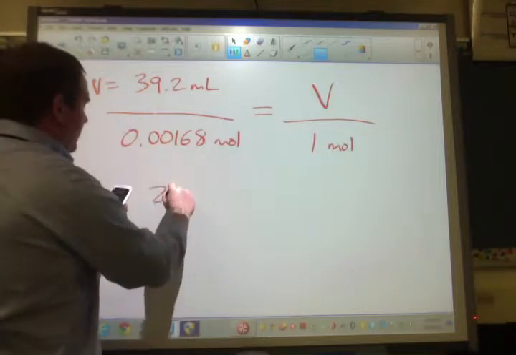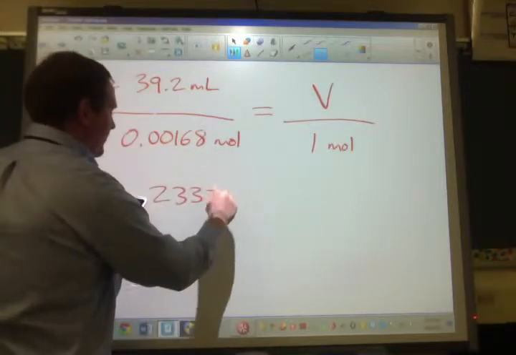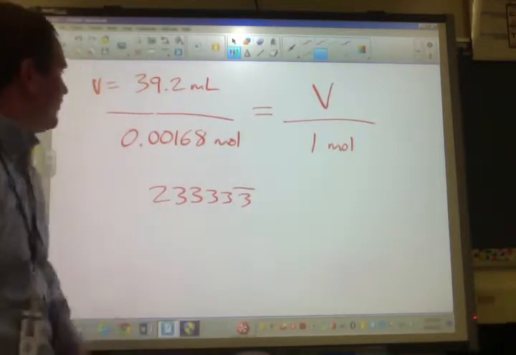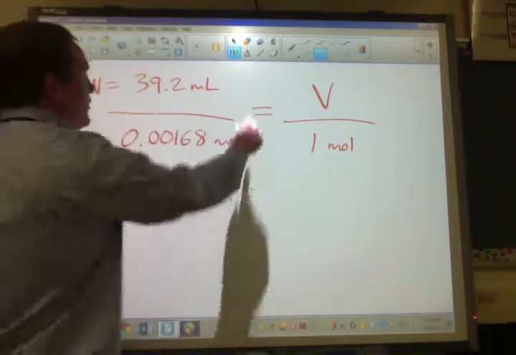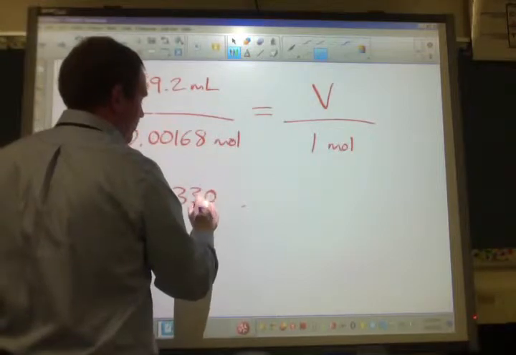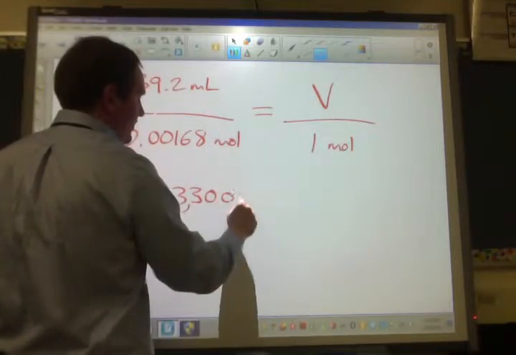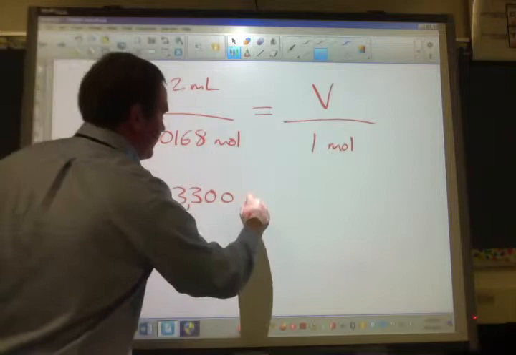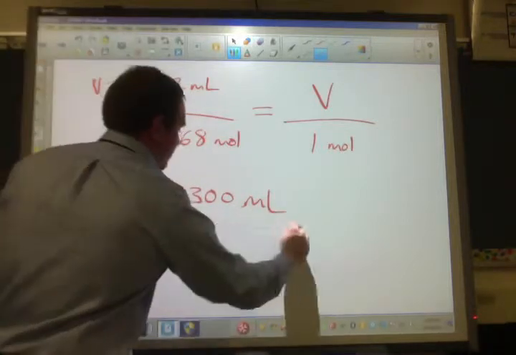And I got 23,333.3 repeating forever, but of course with sig figs, we're going to go 23,300, and my unit here is milliliters per mole.